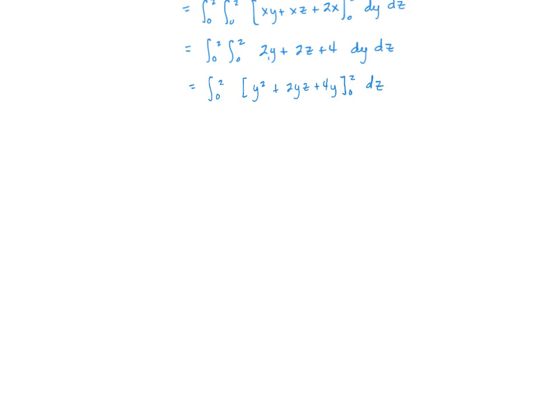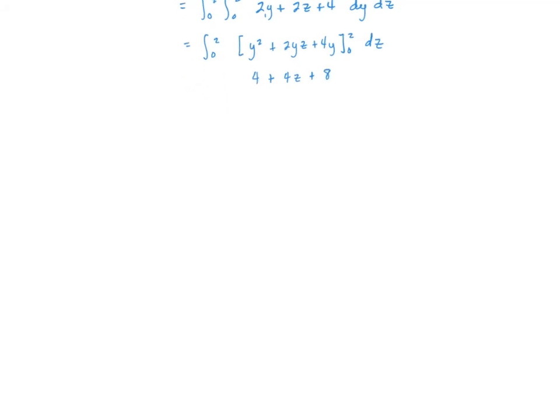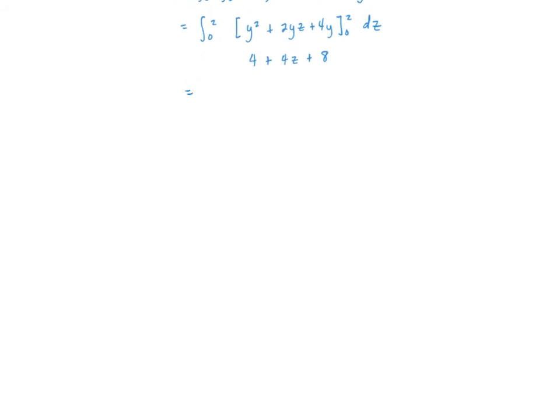Let's see, that's 4 plus 4z plus 8. And I have the integral from 0 to 2 of 4z plus 12 dz.